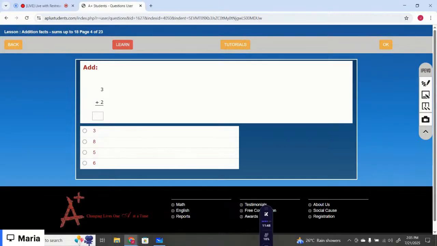3 plus 2. So start with 3 and count up to 2. So which is the correct option? That is 5. Option number 3 is the correct option. 3 plus 2 makes 5.